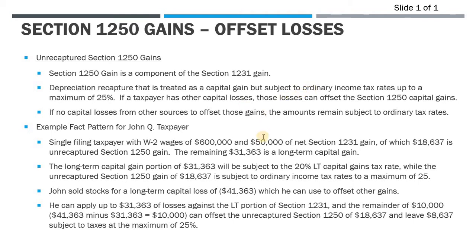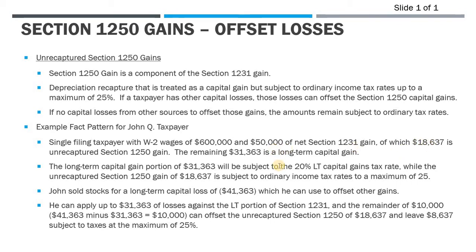So the example we're going to be working with here, we have John Q taxpayer. He's a single filer. His W-2 income is $600K, right? And he's got $50,000 of net 1231 gain passing through on a K1 from the sale of real estate. Now, of the $50,000, the 1250 unrecaptured piece is $18,637.